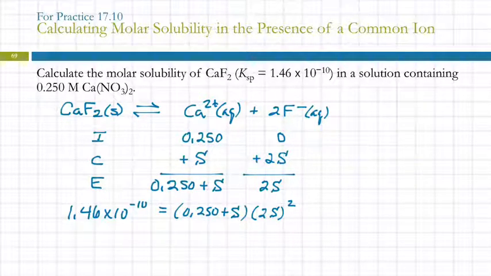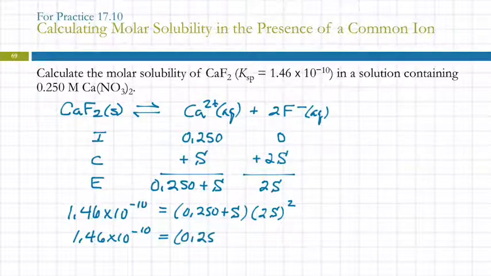Could we use the S is small approximation? We can try, right? Because we have a relatively large number plus S. So let's try S is small. That'll give us 1.46 times 10 to the minus 10 being equal to 0.250, and I'm going to multiply that out. That's going to be 4S squared.